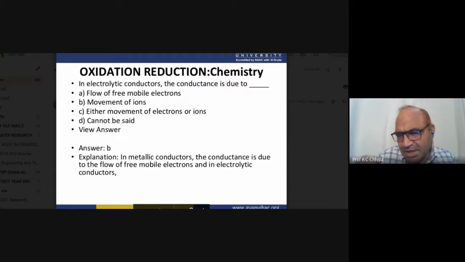Now, in the case of electron transfer, there are so many examples. In electron transfer, we have de-electronation and electronation. De-electronation is removal of electrons.